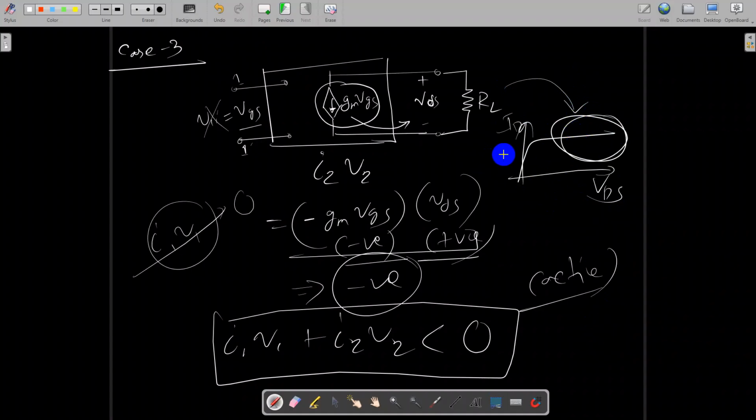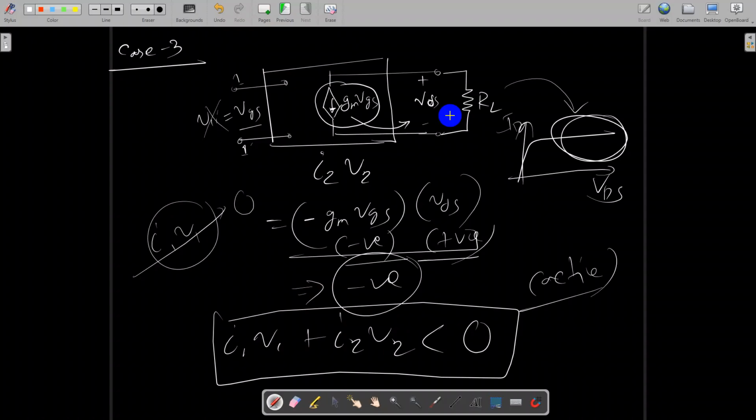The small signal model is valid for all regions. This is an incremental model. Okay, so in the next lecture I will also clear up this type of concept, that the small signal model is valid for all regions, and all the other things also.